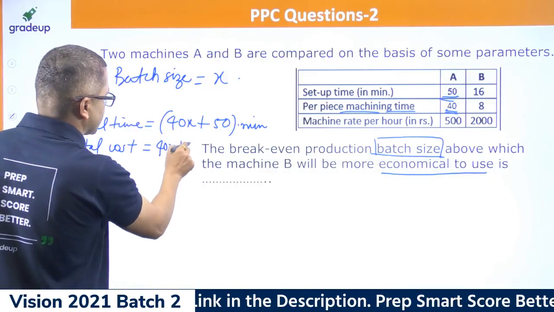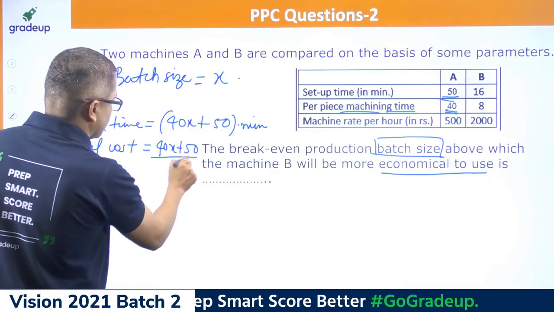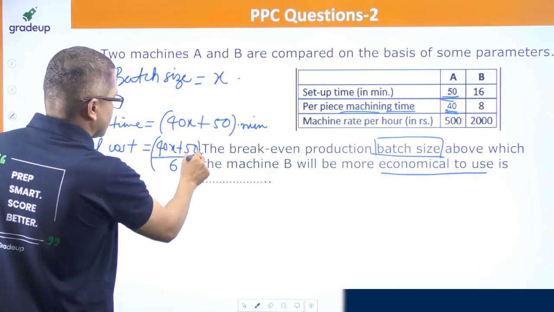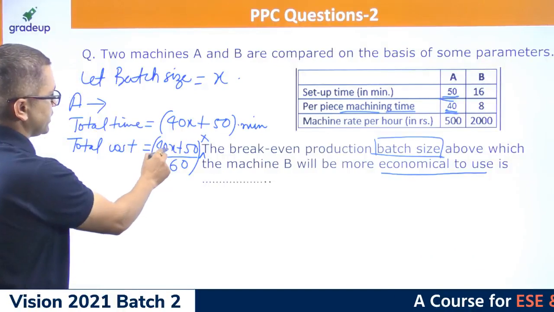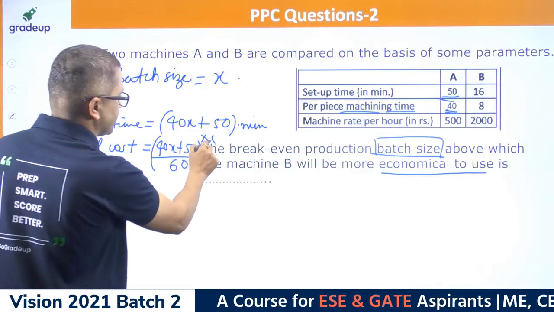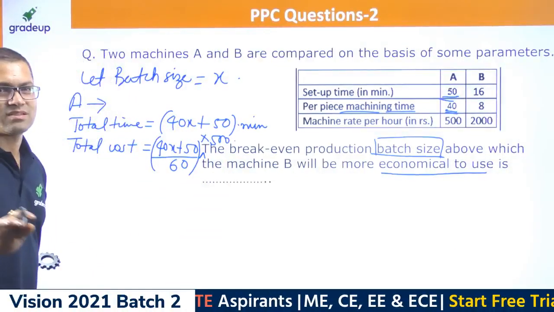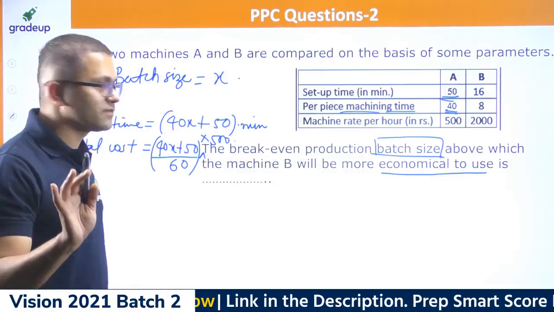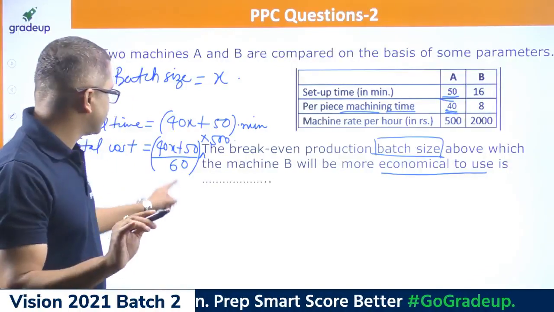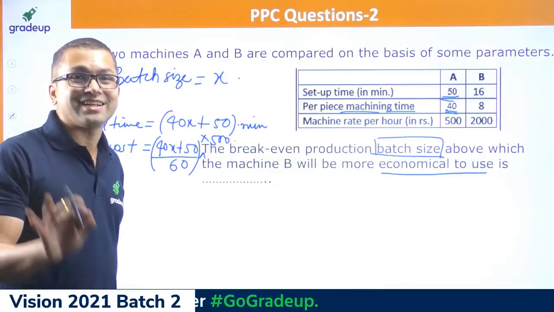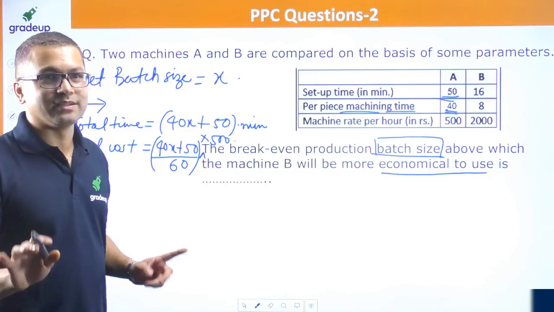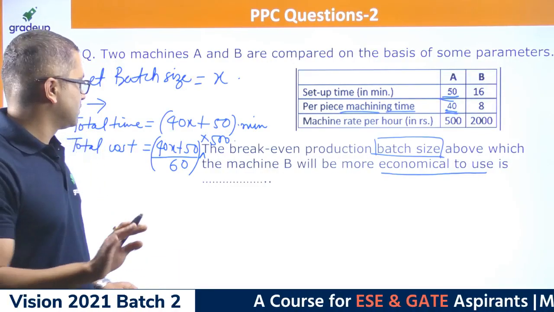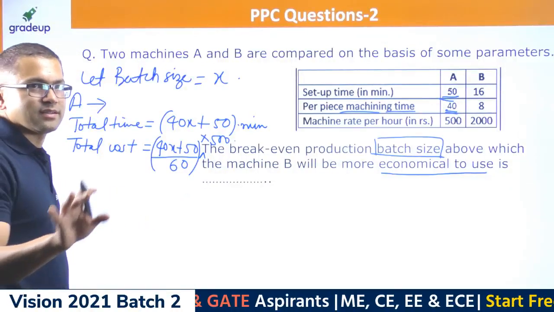That should be 40x plus 50 upon 60, converted into hours, into 500, right? Yes or no? Yes. So Kisna is correct. 40x plus 50 into 500 upon 60. Good Kisna, that is what I was looking at. Well done. That is good, right?